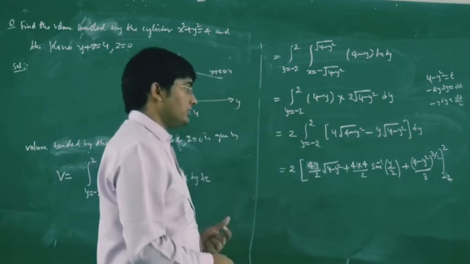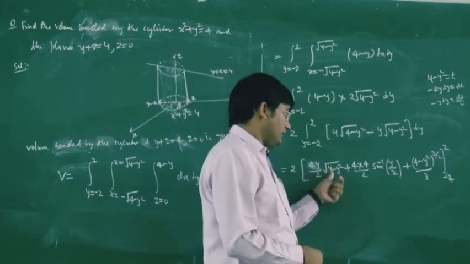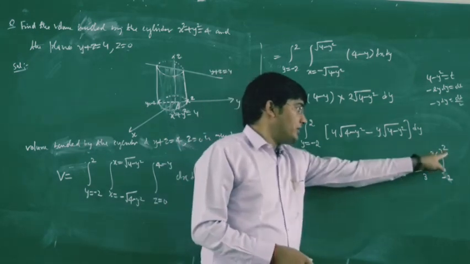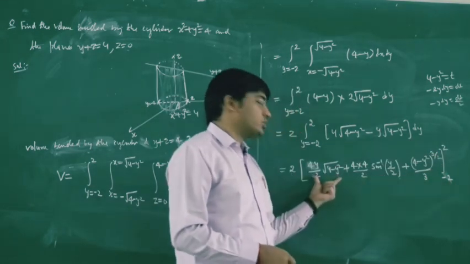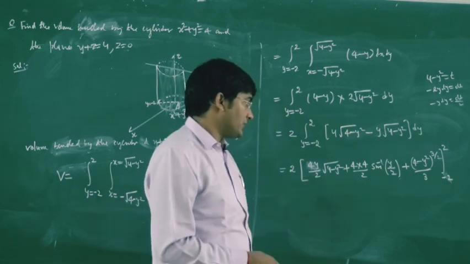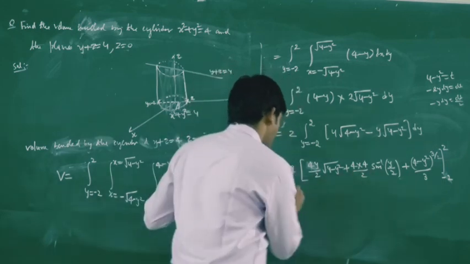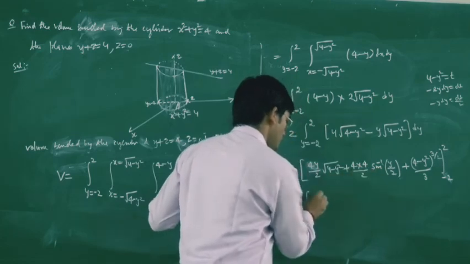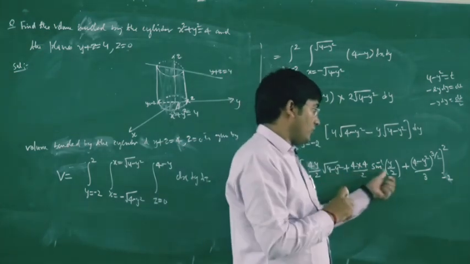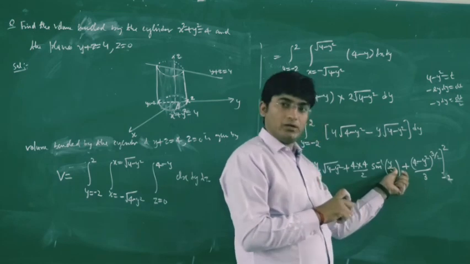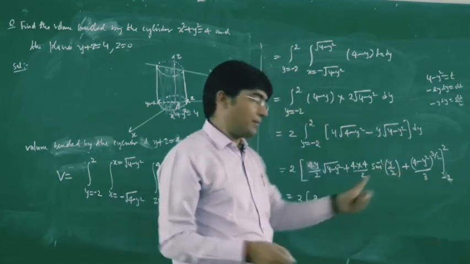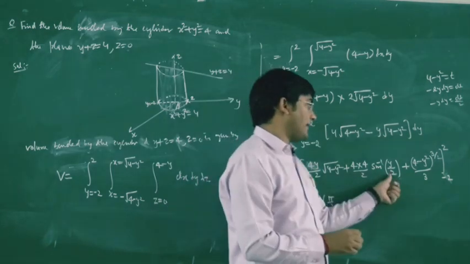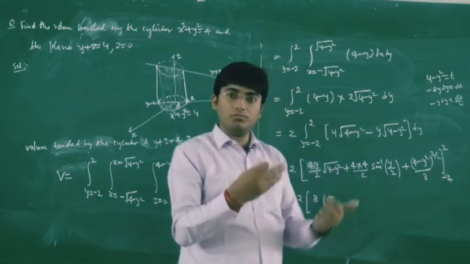Now let us put the limits. In this first term, if you put the upper limit or lower limit, this will be 0 in both cases. Now this is equal to 2 times 8 into, for the upper limit we will have sin inverse 1, which is pi by 2, and for the lower limit we will have sin inverse minus 1, which is minus pi by 2.